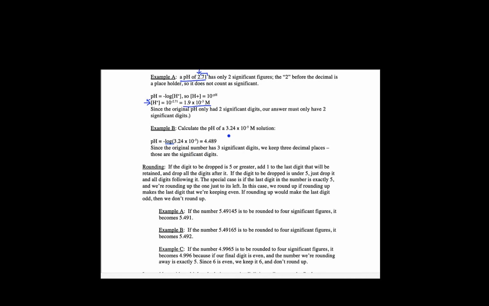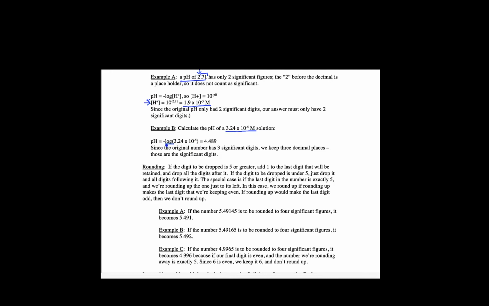So we're going to do another example here because pH is always complicated, just to give us extra practice. Here's an example of us calculating the pH of a 3.24 times 10 to the minus 5 molar solution. I'm just going to assume this is the concentration of the proton since I didn't specify.